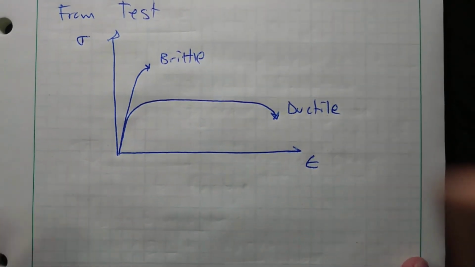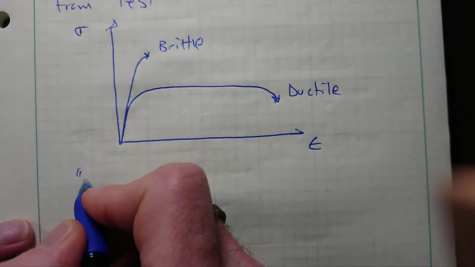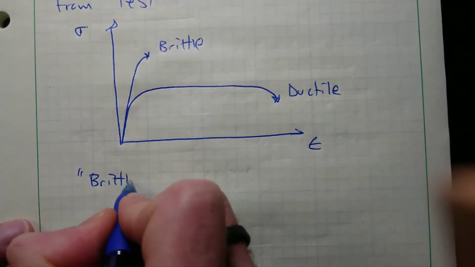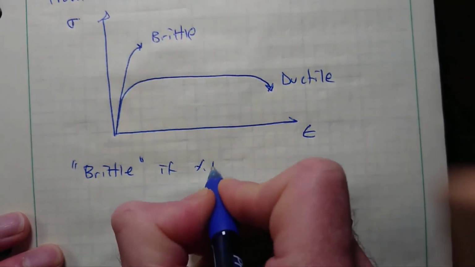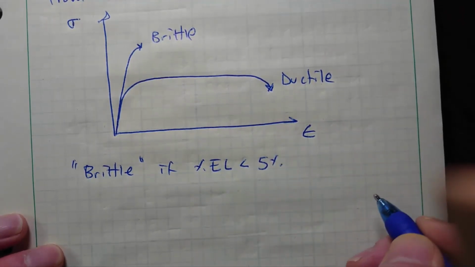Now, most engineers are going to say that a material is brittle if the percent elongation is less than 5%.